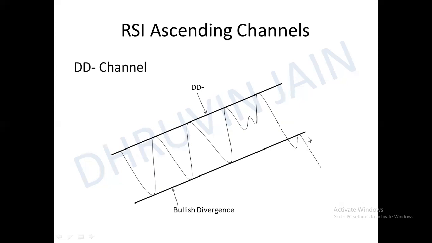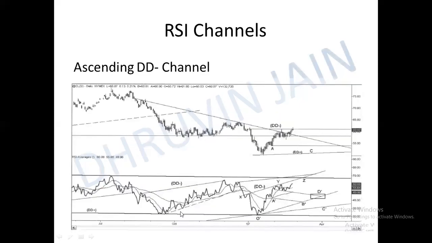Know this: an ascending channel occurs in a downtrend and a descending channel occurs in an uptrend. Let me show you some examples of ascending channels. Price was consolidating somewhere here. There is a TD minus. You can see a good amount of ascending channel here, and it broke down here. This is also an ascending channel structure, and to continue its trend, price has to break the downward side.